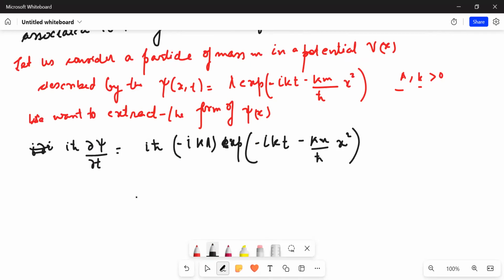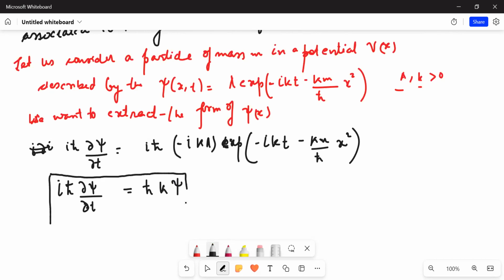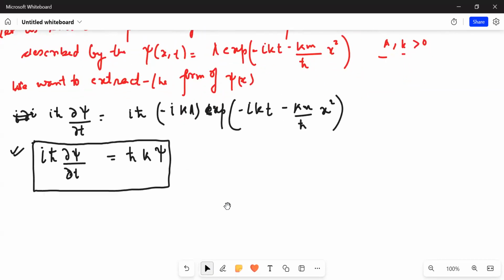Iota square becomes minus 1, and this minus will get dissolved, so this will be h-bar k times psi itself. So I'll write that iota h-bar del psi upon del t is equal to h-bar k times psi. This is one thing that you should know.